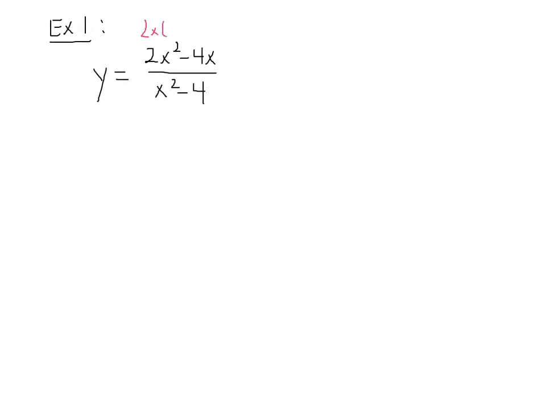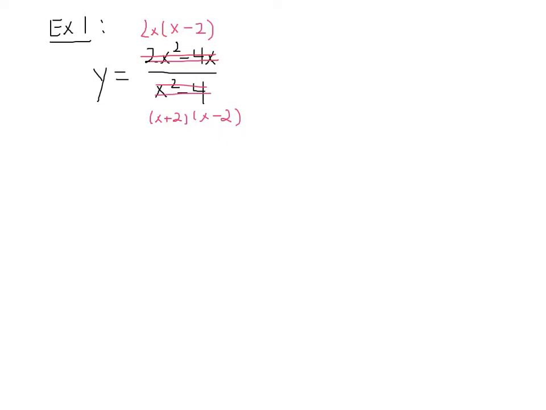So if I divide 2x squared by 2x, I'm left with x. And then minus 4x divided by 2x gives you minus 2. So let's mark that out. And then on the denominator, it's x squared minus 4. Well, that's a difference of squares. So you're going to have x plus 2 times x minus 2. Let's cross that out.